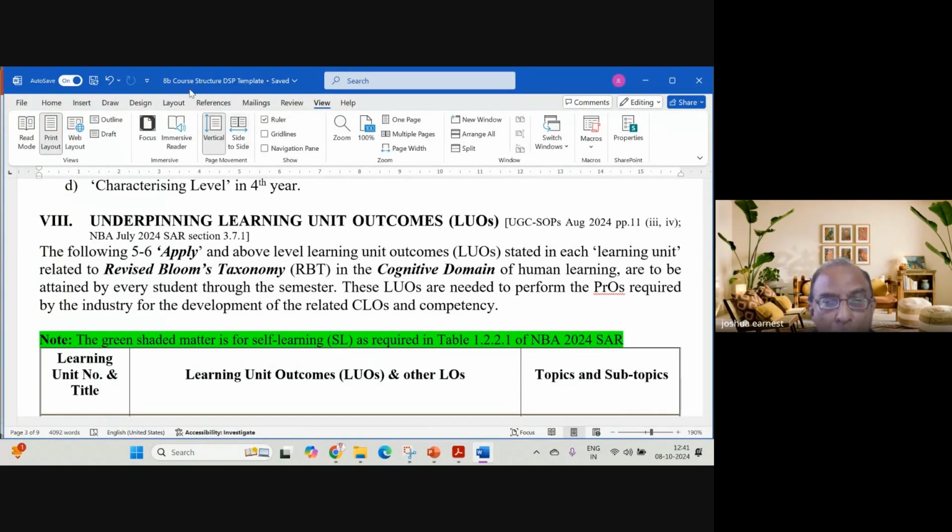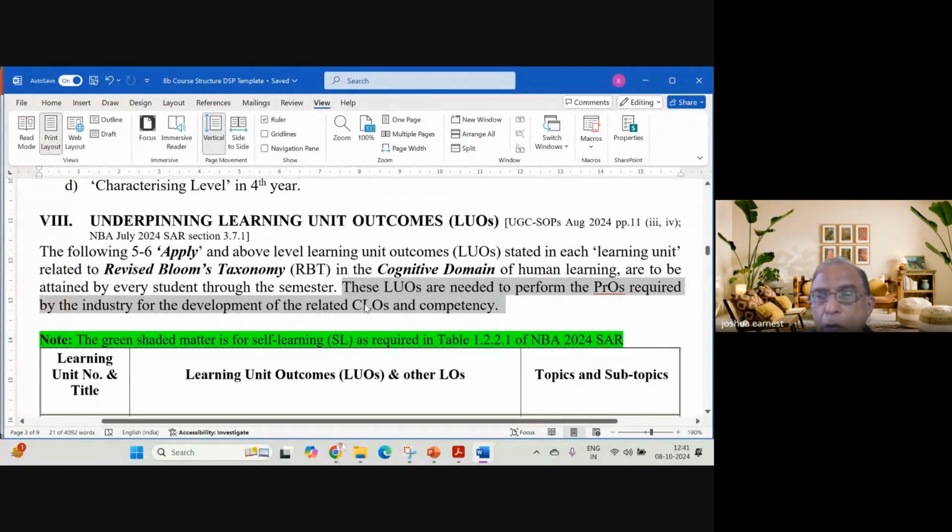The LUOs stated in each learning unit related to the revised Bloom's taxonomy in the cognitive domain of human learning are to be attained by each student through the semester. These LUOs are needed to perform the PROs required by the industry for the development of the CLOs and the competency.